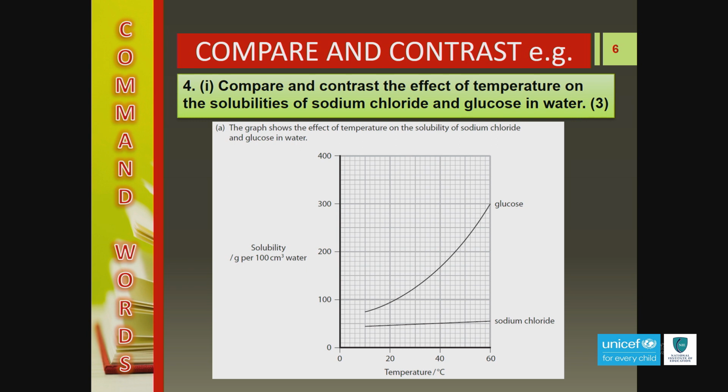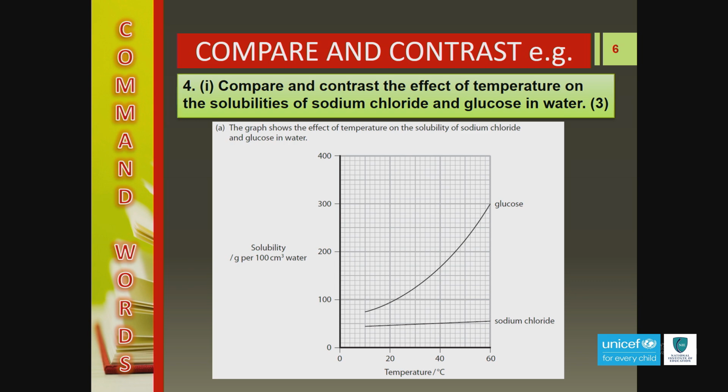So when we look into the command word here, it is compare and contrast, and in our IEL specification, it falls into A or 2B. So this means, even though students are not required to make a conclusion, they need to analyze the data given in the graph.